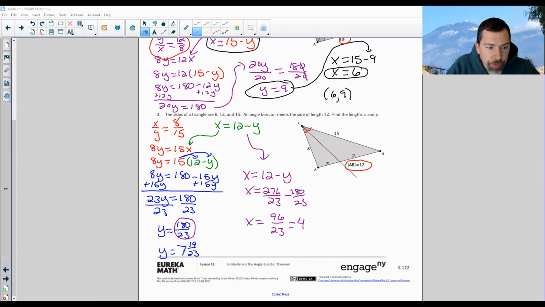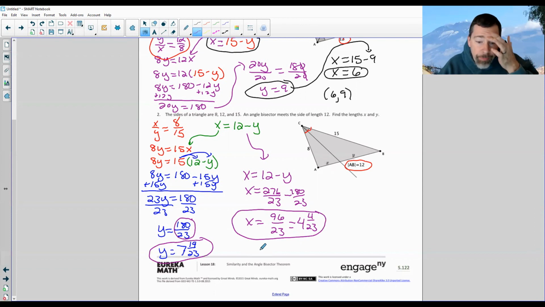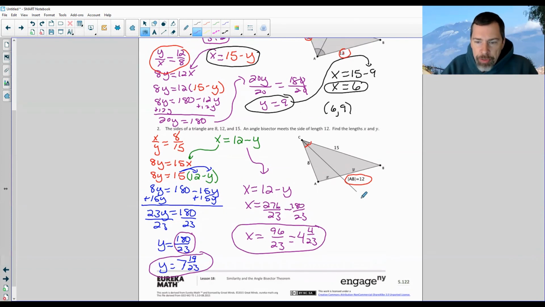Whoops, 96 divided by 23 is 4, and 23 times that 4 will give us 92, so that's a remainder of 4. So it's going to be 4 and 4 23rds. So x is 4 and 4 23rds, y is 7 and 19 23rds. Not very pleasant numbers to work with, but there it is.